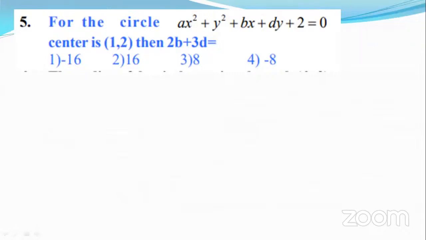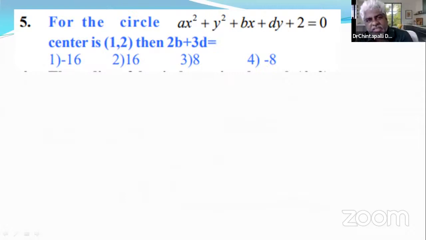For the circle ax square plus y square plus bx plus dy plus 2 is equal to 0, if the center is (1, 2), then 2b plus 3d is equal to how much? Do you remember the main condition for an equation to be called the equation of a circle?